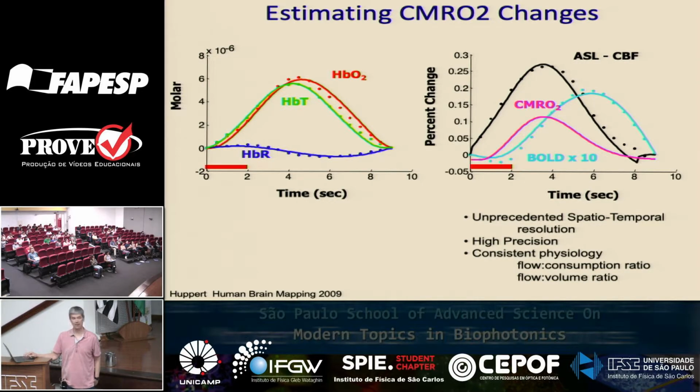A common parameter to look at is actually the flow response relative to the oxygen consumption response. This was long debated. Why is it that the flow response is always 2 to 3 times greater than the oxygen consumption response? Very interesting physiology that's actually related to the fact that oxygen needs to diffuse from the capillaries to the mitochondria.